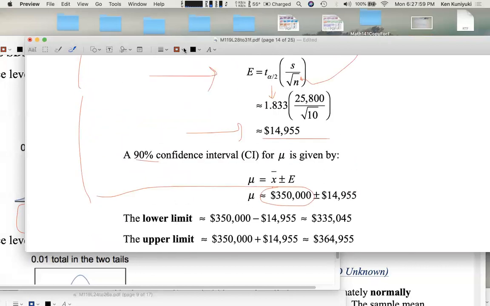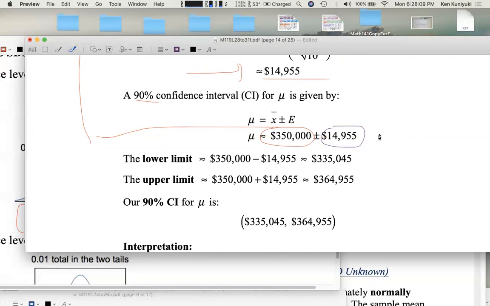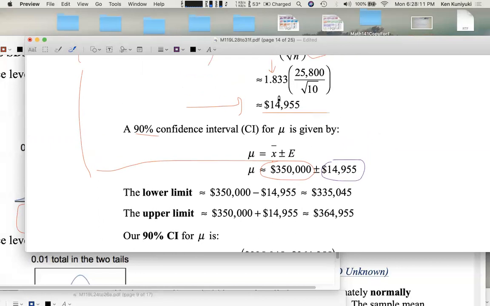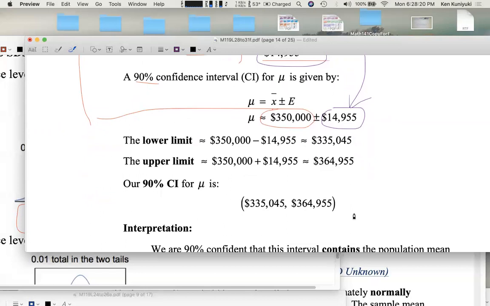The margin of error, E, was about $14,955, which we calculated up here. That goes here. So this is one form for the confidence interval. We're saying that the population mean, with 90% confidence, is about $350,000, give or take about $14,955.